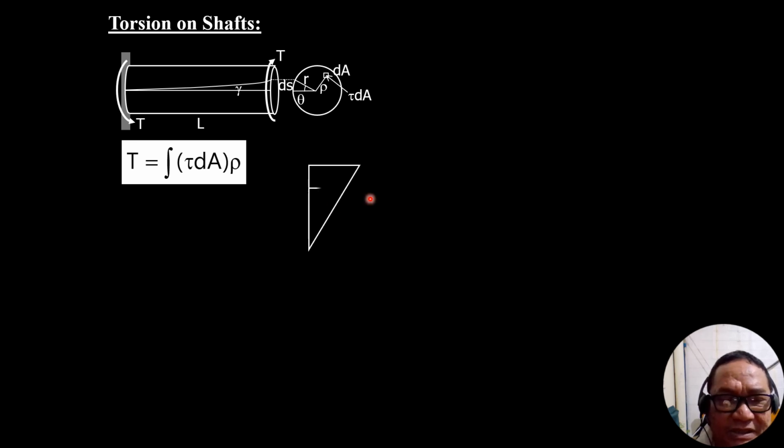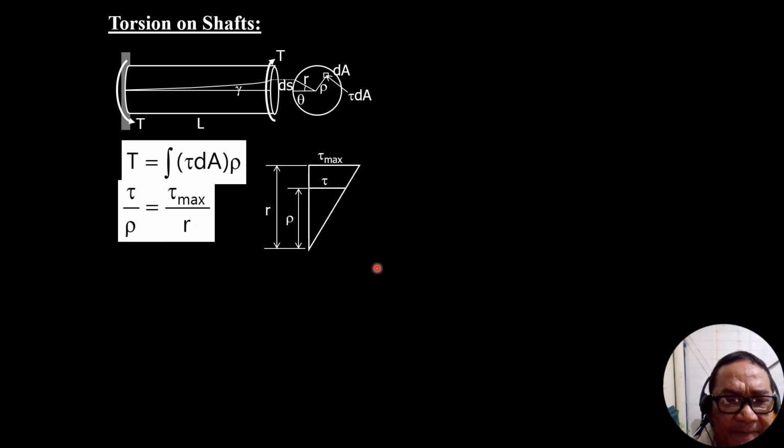Then the shear stress at that level at distance rho from the center, and just enlarging it, the radius is small r, and the maximum shear stress occurs on this fiber here, call it tau max. So by similar triangles, shear stress over rho equals tau max over r, then therefore tau, this shear stress at any point, is tau max times rho over r.